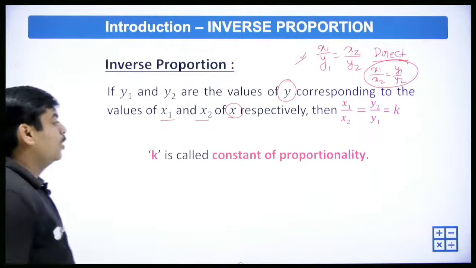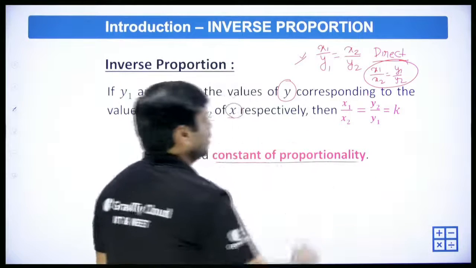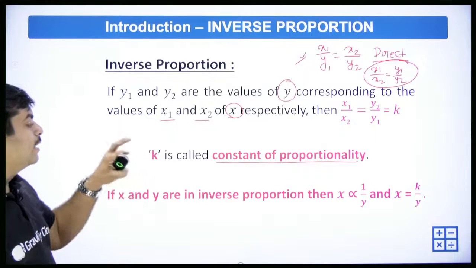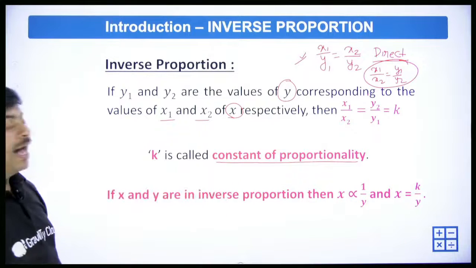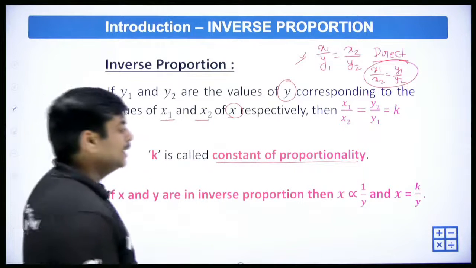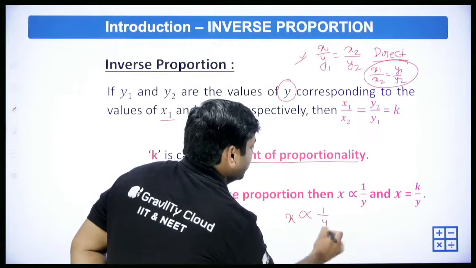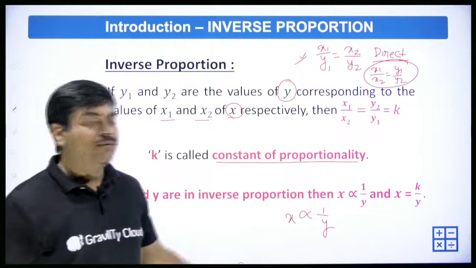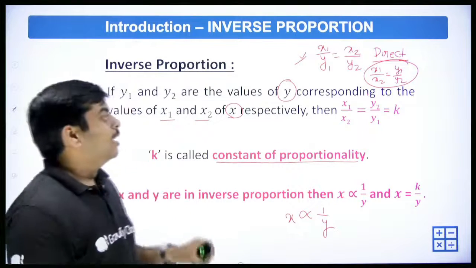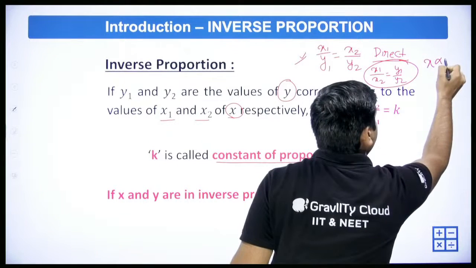Okay, so let's move forward. k is called the constant of proportionality. If x and y are in inverse proportion, then we say x is proportional to 1 by y. In direct proportion we say x is directly proportional to y.